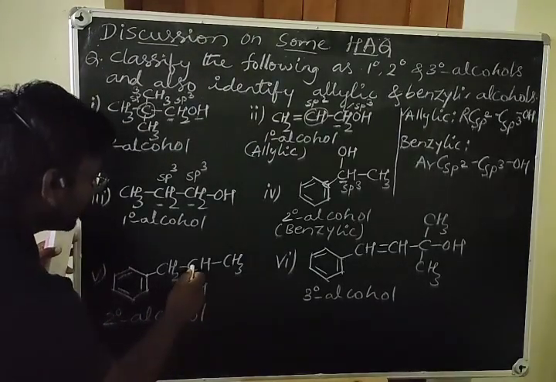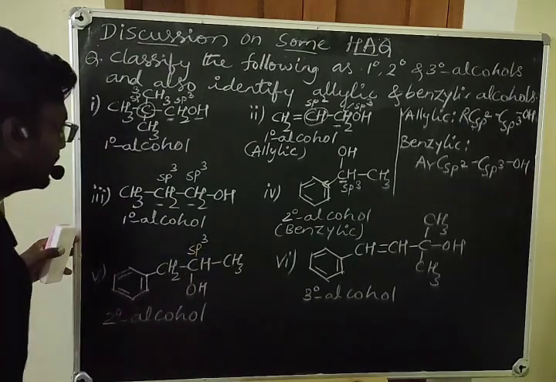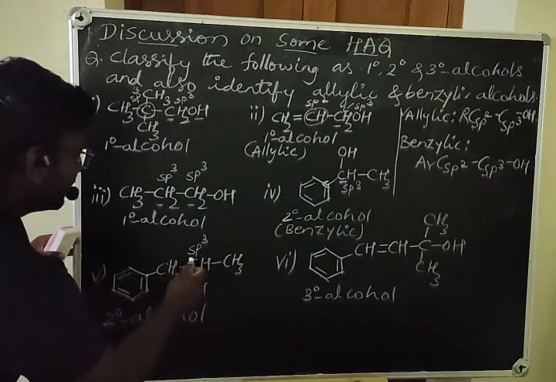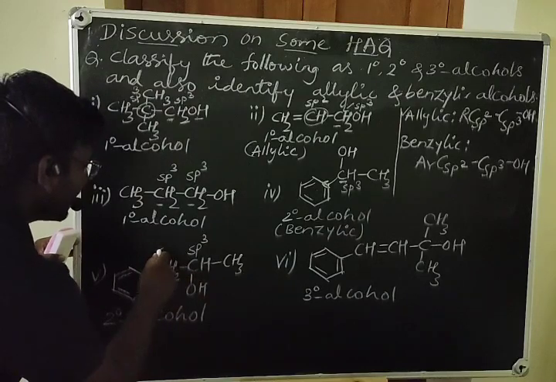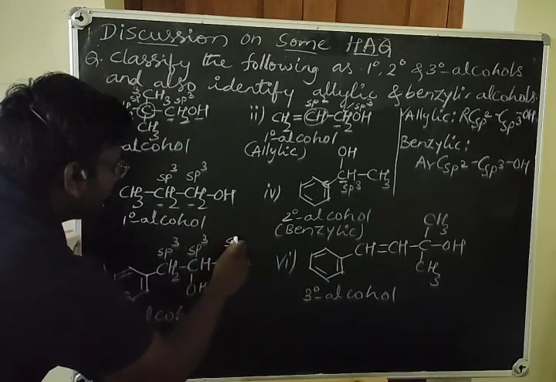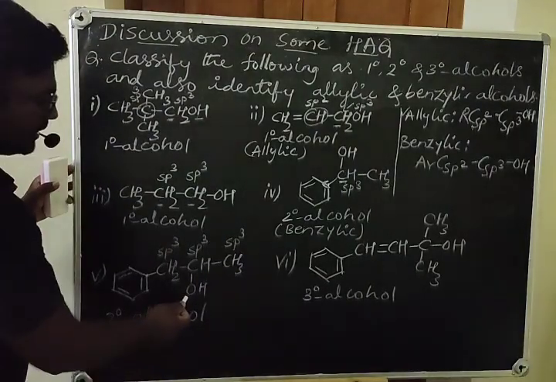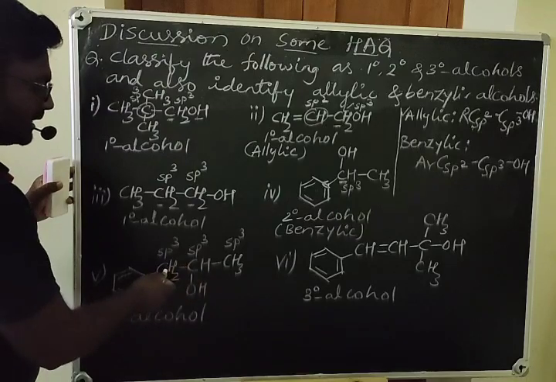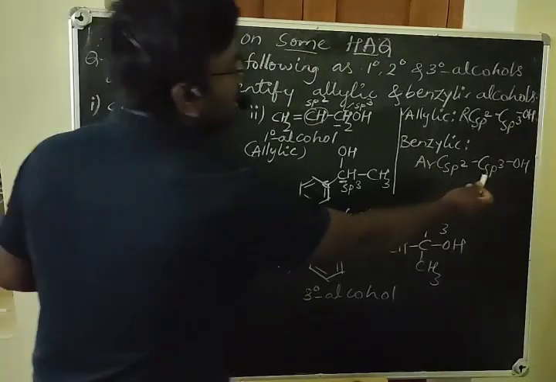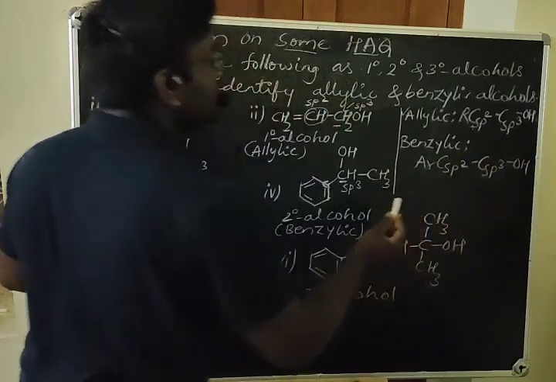The OH-containing carbon is sp3 hybridized, and after this we have an sp3 carbon. Here also sp3 carbon. The OH-containing carbon is sp3 and it is next to an sp3, so it does not match either of the patterns.